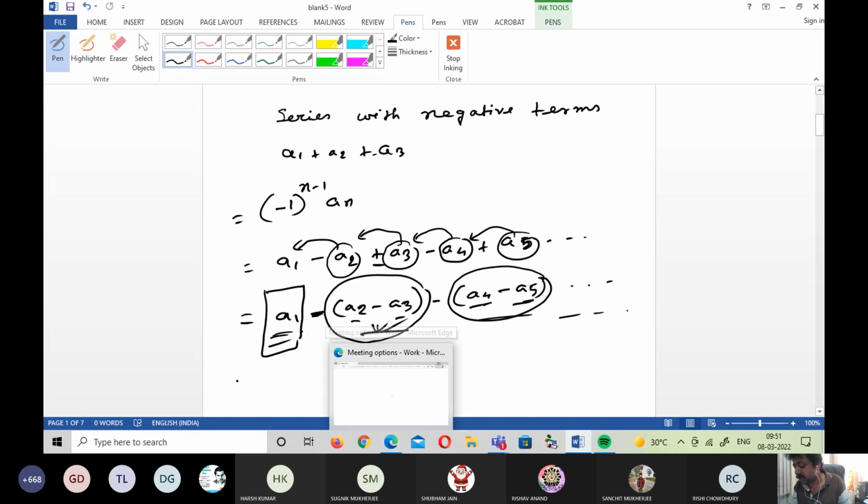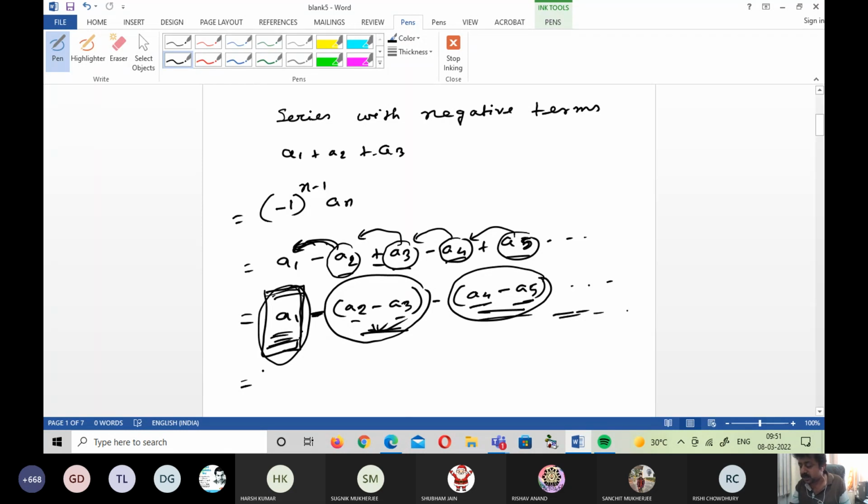So this series is a convergent series, because there is some finite value a1 and you are subtracting some positive quantity from it. So in case of an alternating series, if the terms are gradually reducing, then it is a convergent series.